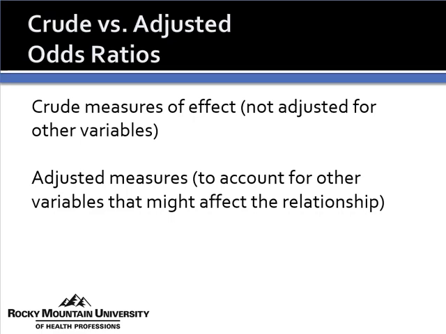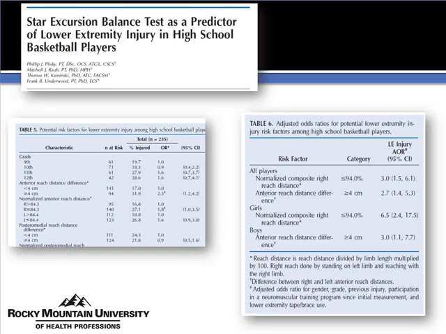So the crude measures of effect are just that. What are the odds of somebody getting injured based upon how strong they are in the preseason? An adjusted odds ratio, this adjusted measure, takes into account other variables that might affect that relationship. And so here's an example.